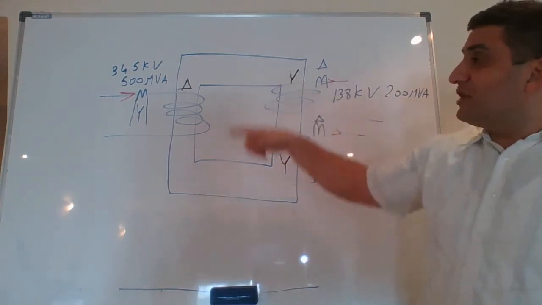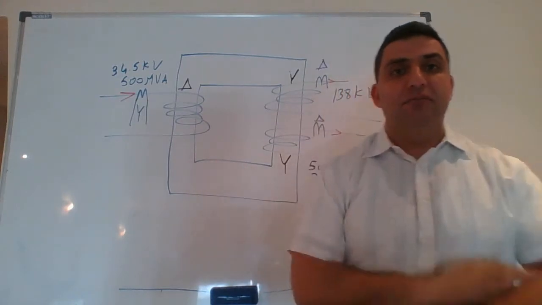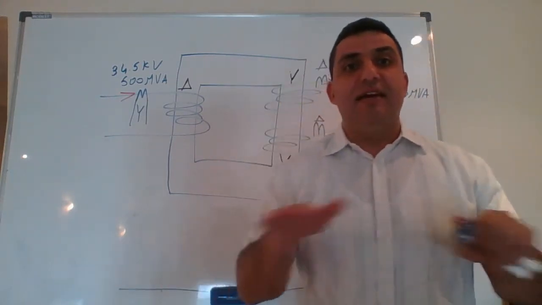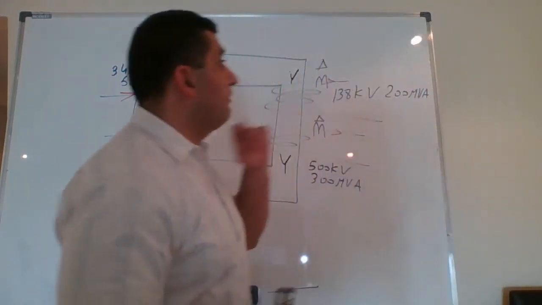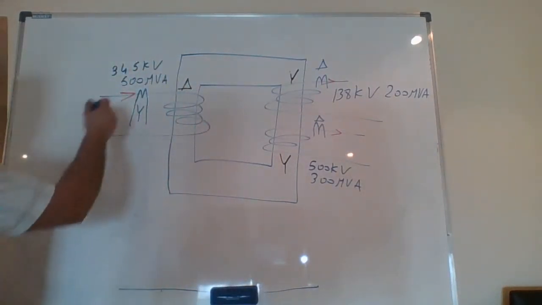When it comes to the CT ratio, I will use 500 MVA as the power to calculate all the currents. So what will this current be equal to?